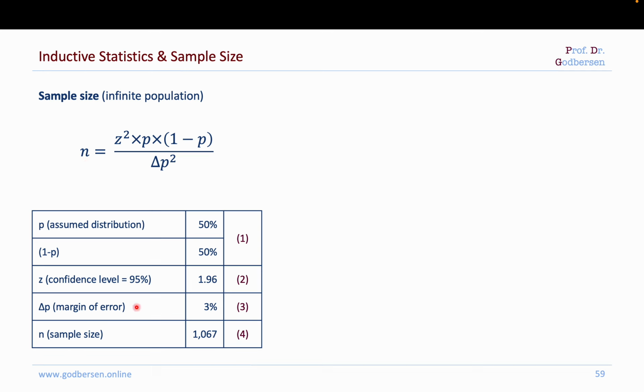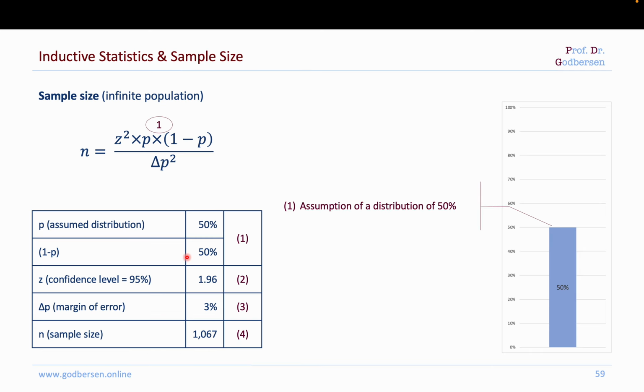Finally, the margin of error. This is how much we allow our values to deviate from the true values. And the standard is 3%. So let's go step by step. We assume we have a distribution of 50%: 50% say yes, 50% say no. We don't know this, but that's our assumption for what will come out in our questionnaire.